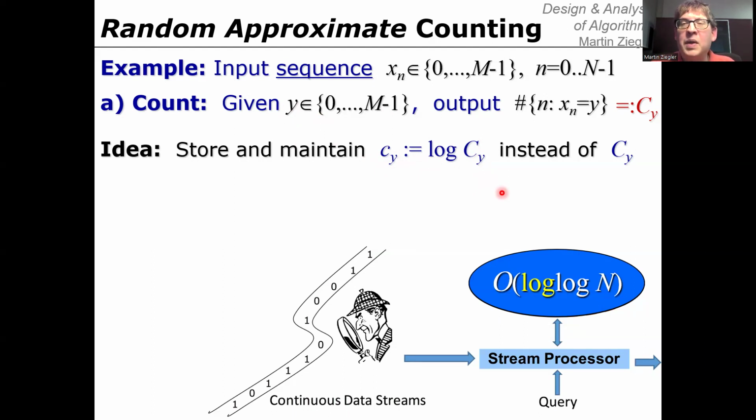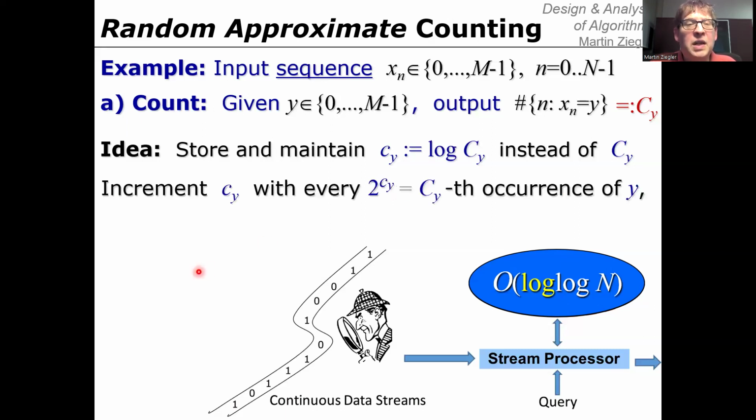That means we need to increment the small cy, our stored and maintained approximate counter, after having seen the same number of ys as we had seen the last time when we incremented that counter. So whenever the number of ys that we have seen so far doubles, then we need to increment the small cy, but we don't know how many ys we have seen so far because we cannot maintain and store the exact count.